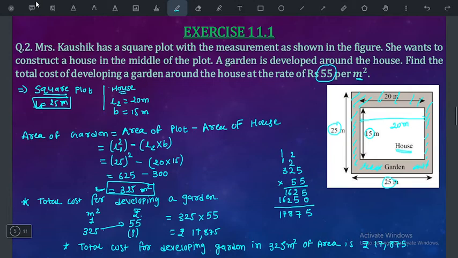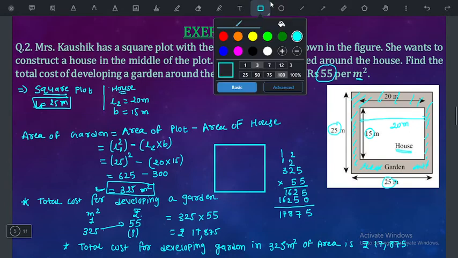Okay, done. So what we did in this question: we have a square plot, and in the middle there is one rectangular house, which I color.